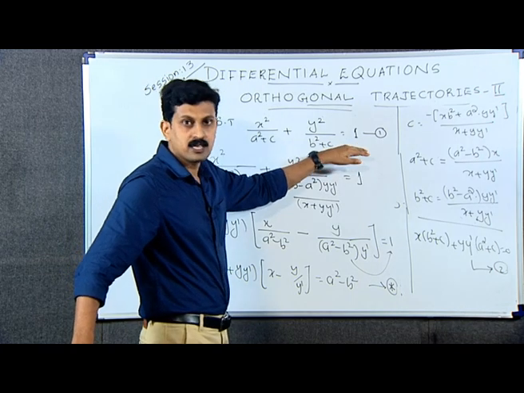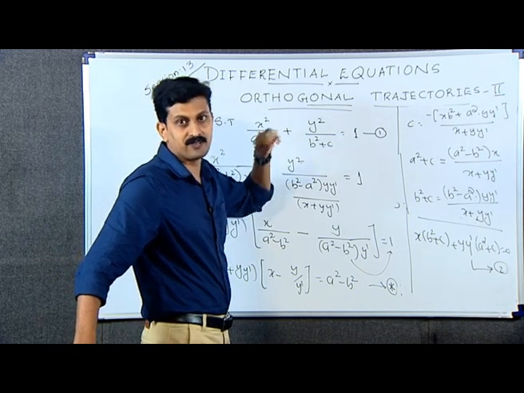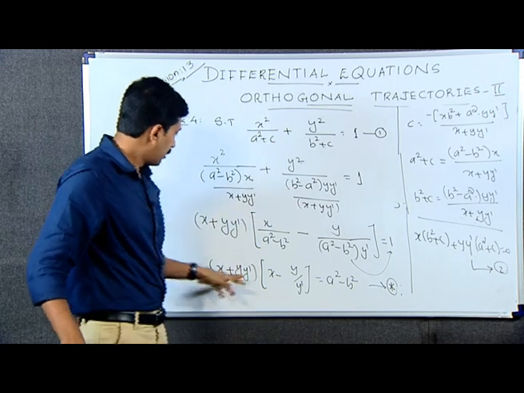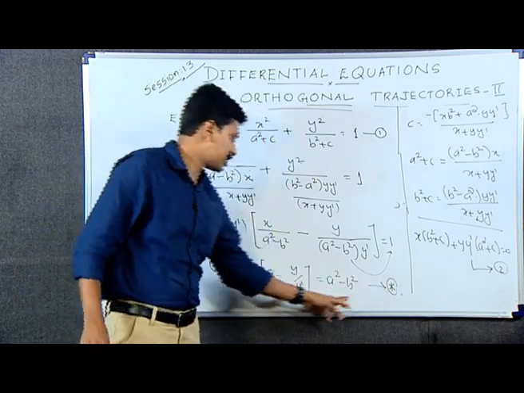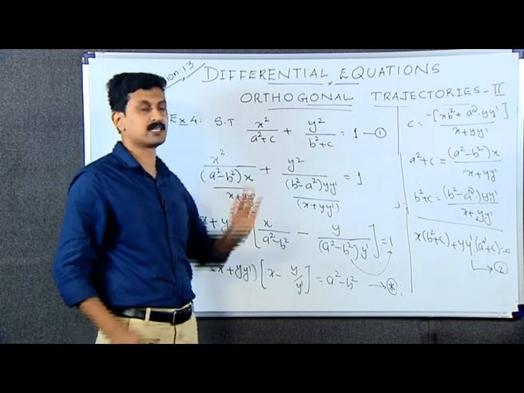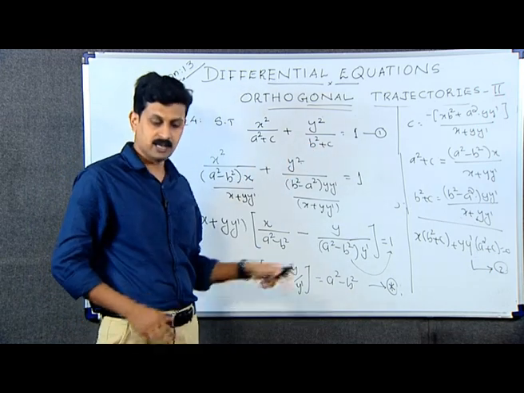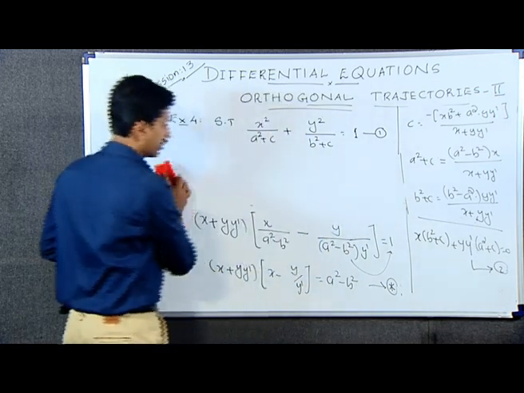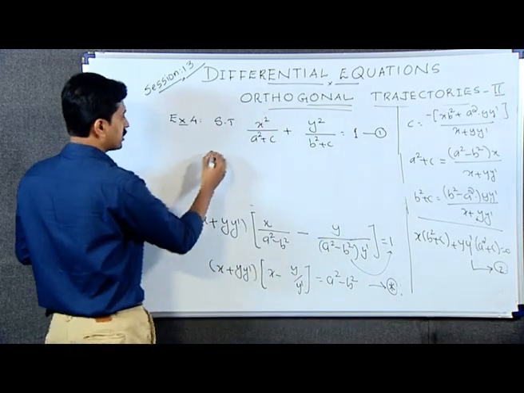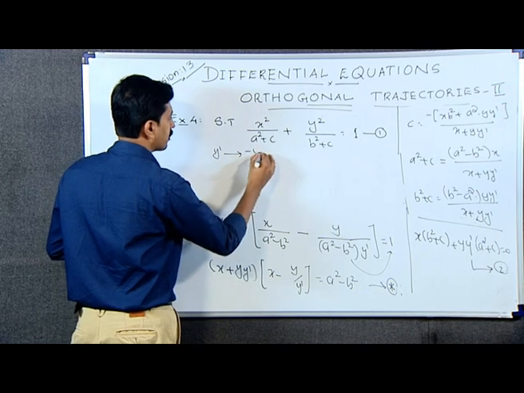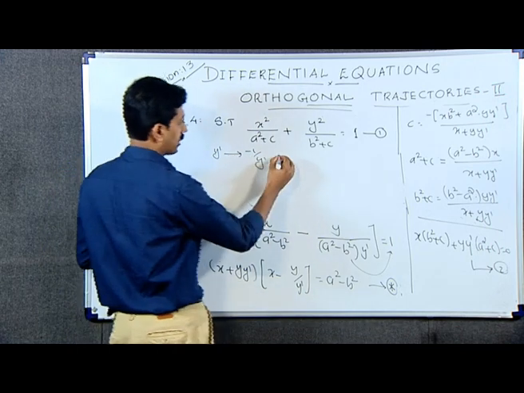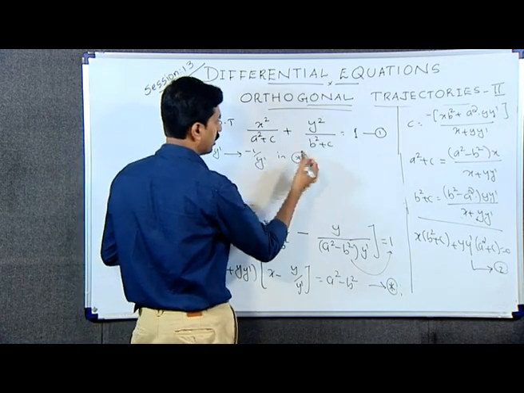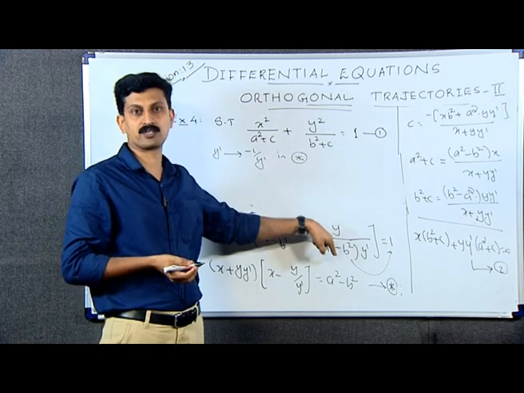and 1 is the collection of all ellipses, the family of ellipses. And see, while solving this, this is the differential equation we generated from 1, and I am just replacing y dash as minus 1 by y dash in star, the differential equation corresponding to 1.